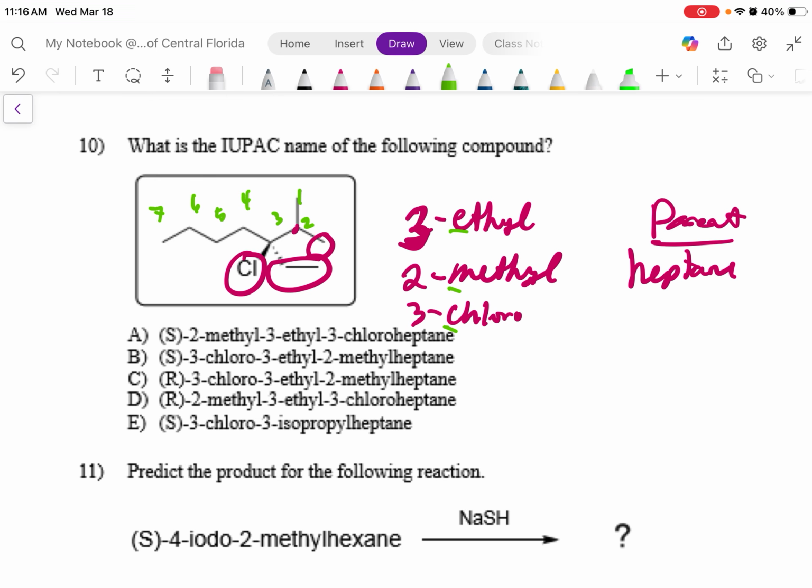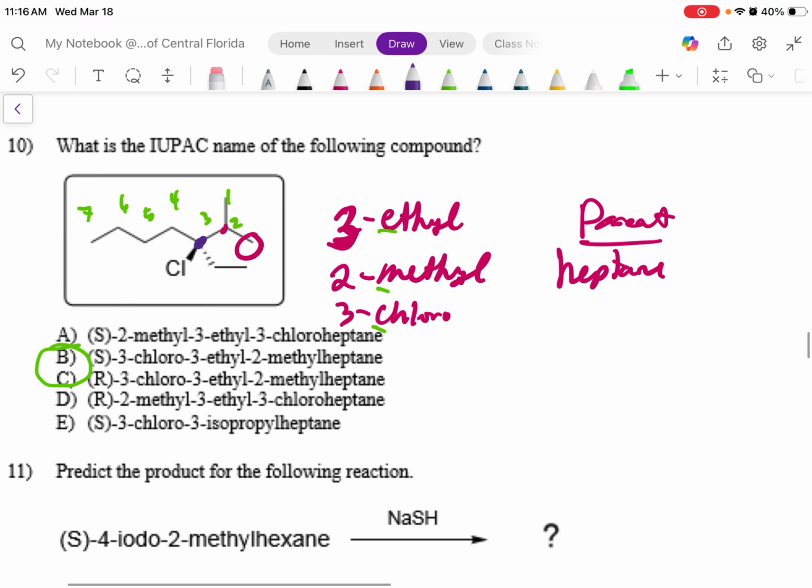We'll write that all in alphabetical order. We would see that we have answer choices here between B and C. 3-chloro, 3-ethyl, 2-methyl, heptane. So both of those look correct. But now we have to find the stereocenter right there and figure out if it's R or S. Chlorine takes priority 1. Carbon 2 takes priority 2.